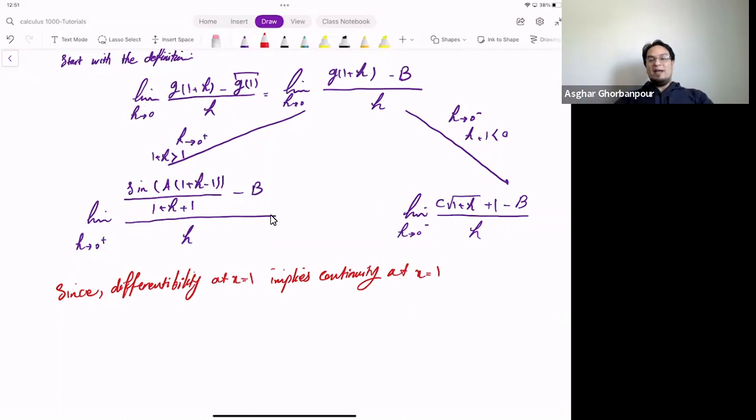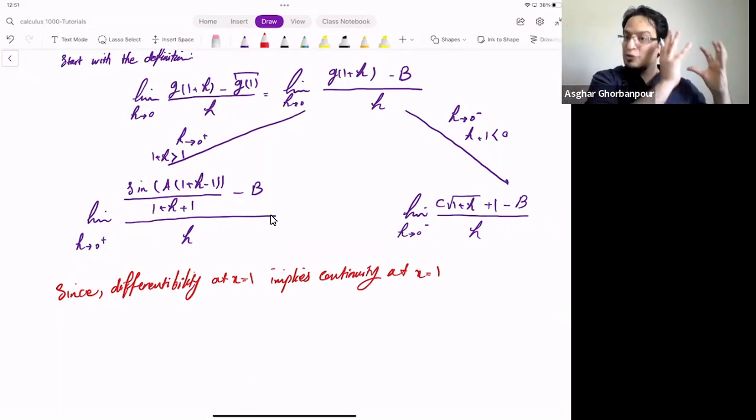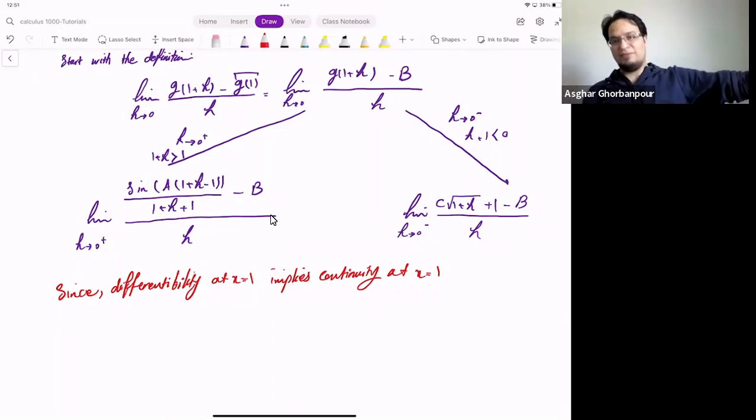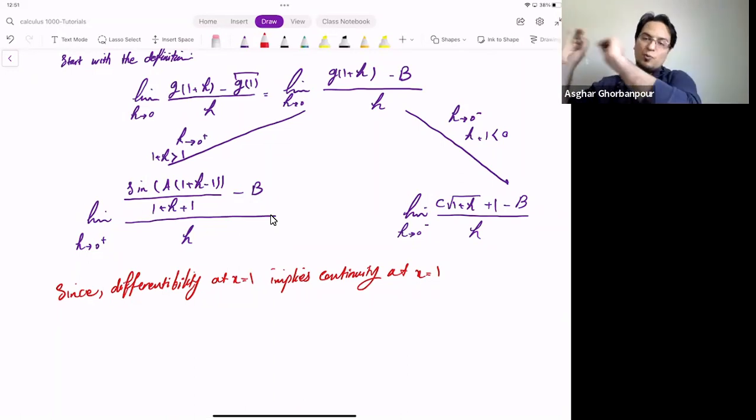I will go ahead and use the fact that if I'm trying to find that the function is differentiable at 1, it's going to be differentiable at the end, but I will check the continuity because continuity is implied there automatically.